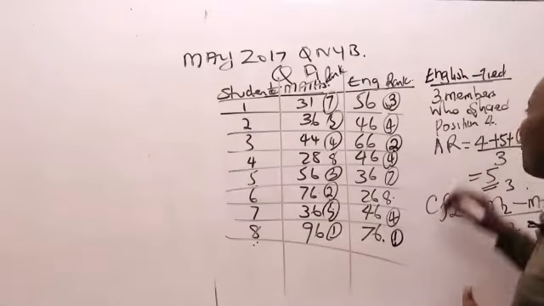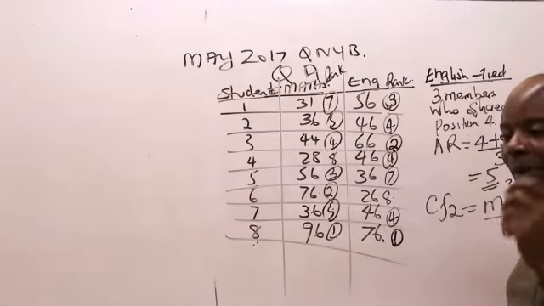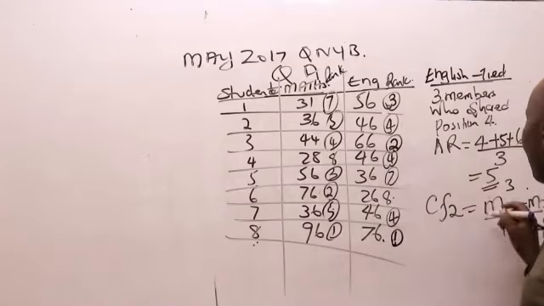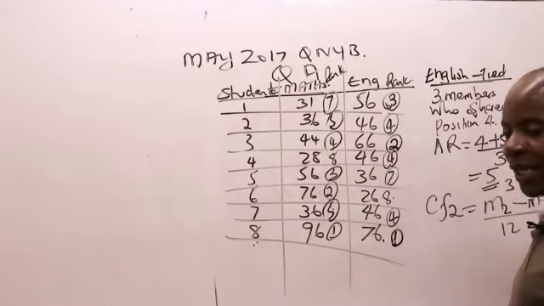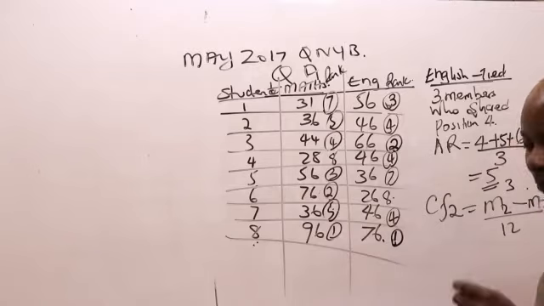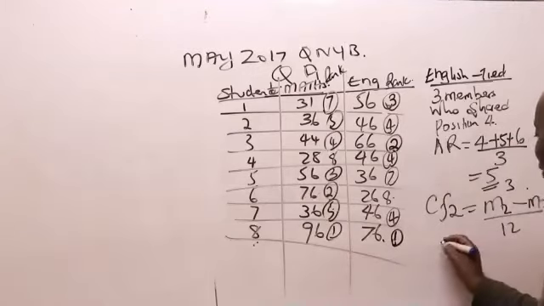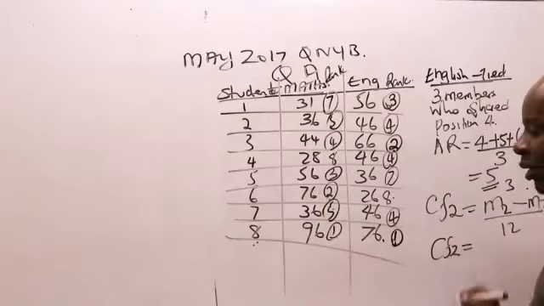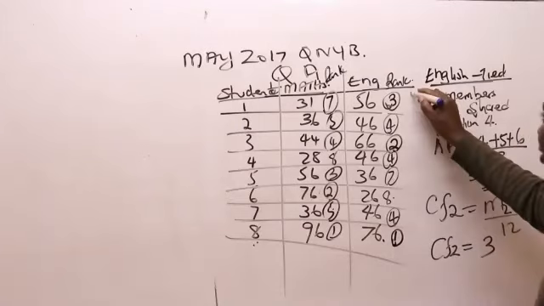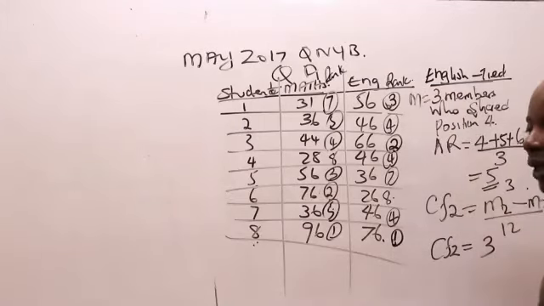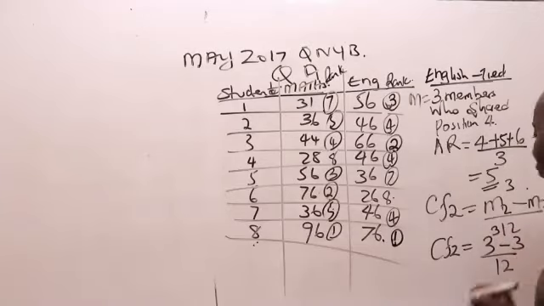M does not stand for these 4. M stands for members in the tie, so our M is supposed to be 3. So CF2 will be equal to 3 cubed minus 3 all over 12.